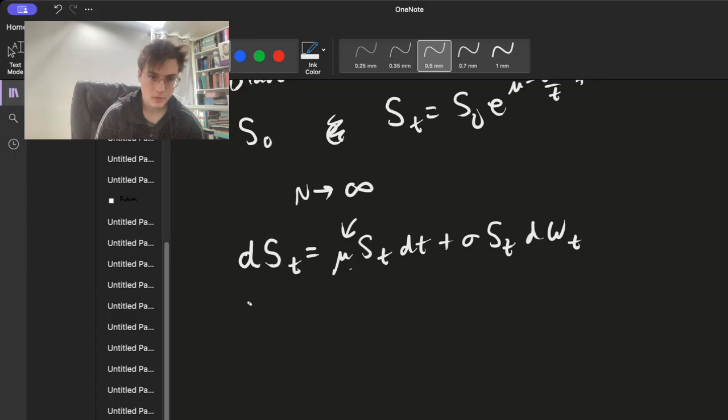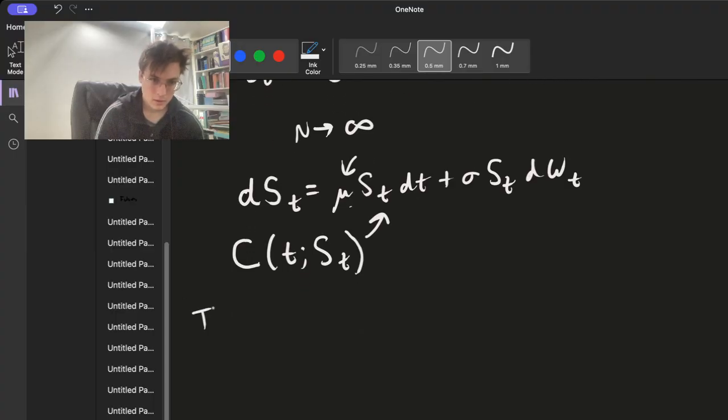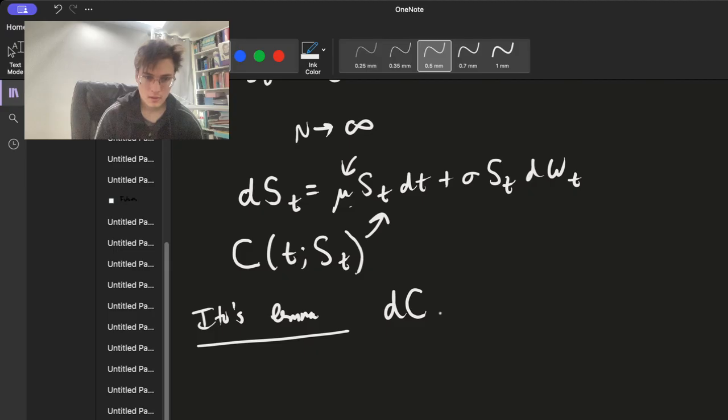Then we have an option price C that depends not only on time, but also on the underlying stock, which follows this differential equation. According to Ito's lemma, there is a nice way to write the differential equation for dC_t, and it has two terms.